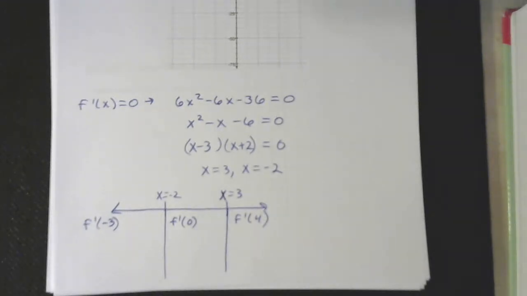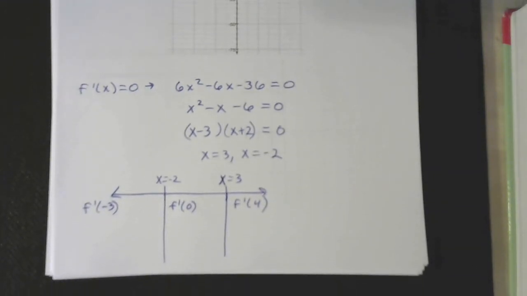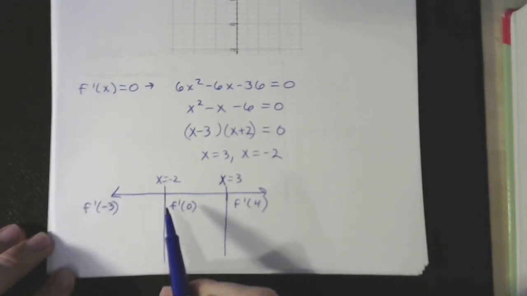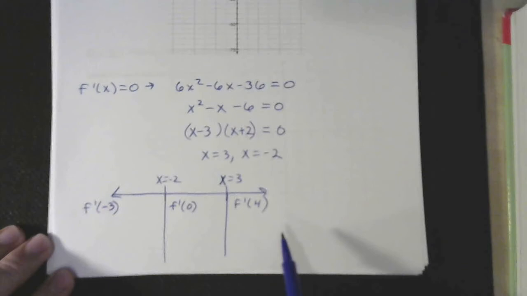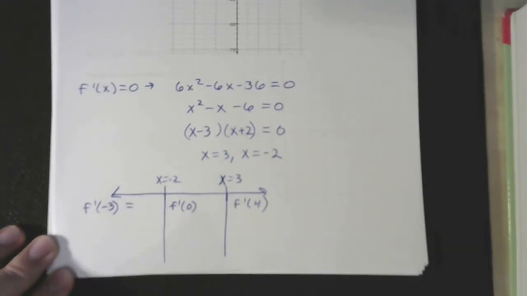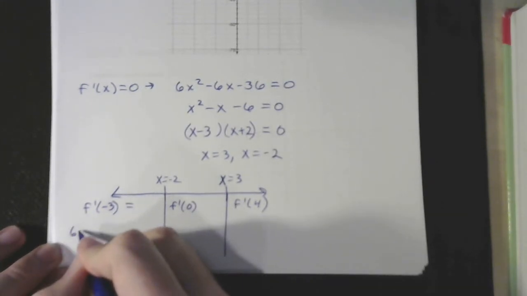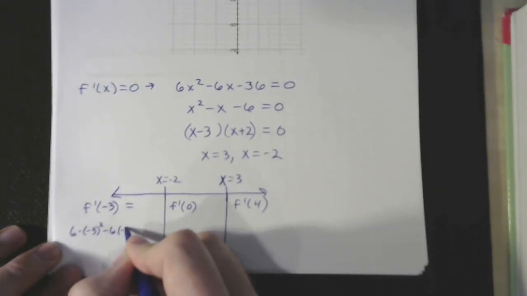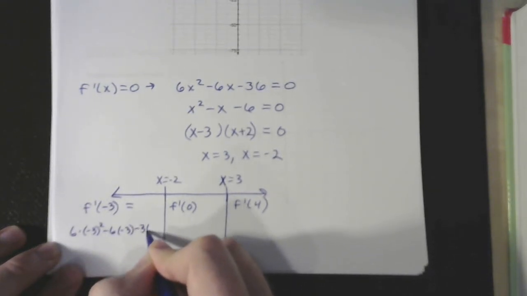You can pick any number you want, but you want to try and limit how much work you have to do. And again, we're not concerned with what the values are, we're concerned with the sign. So we don't need to solve these all the way through. This is going to be 6 times negative 3 squared minus 6 times negative 3 minus 36.